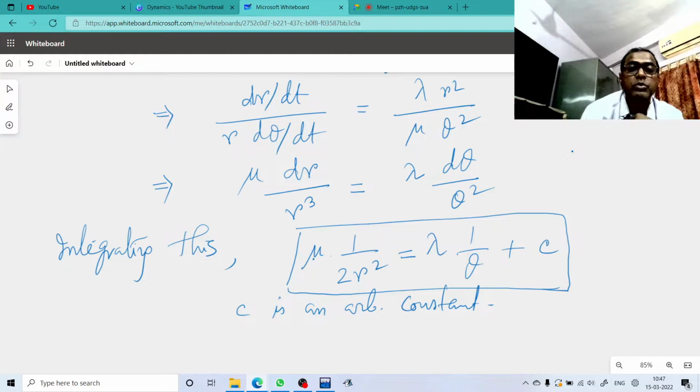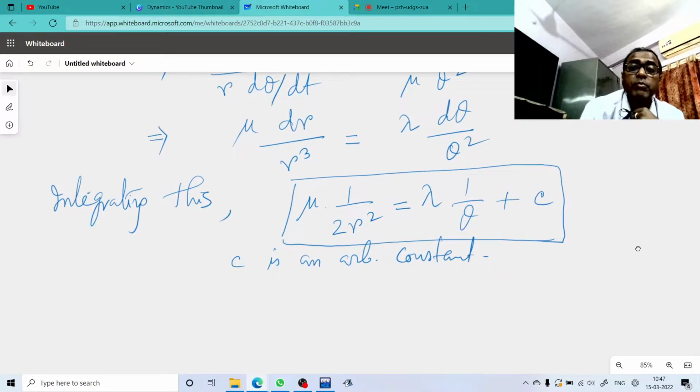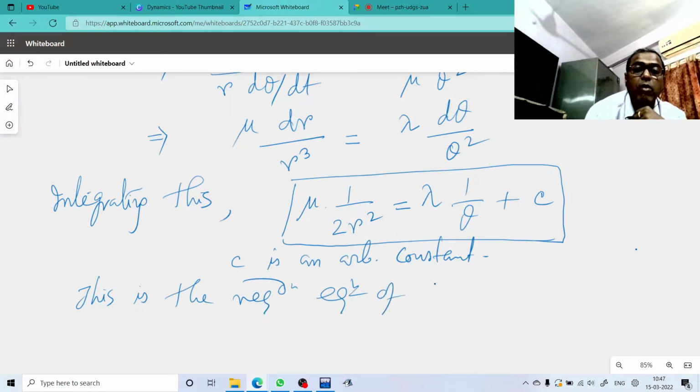Here lambda, mu are constants, r and theta are variables, and c is also an arbitrary constant. From this equation you can easily find the exact equation of the path if the initial conditions are given. But here there are no initial conditions, so this is the required equation of the path. This is the answer.